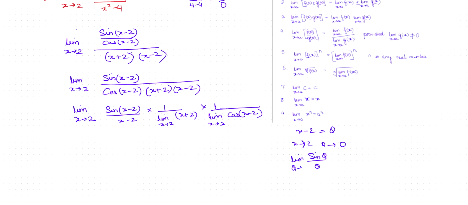This is the same as that if I put x minus 2 as theta, and this will give 1. So we'll put 1 here. Now in this case, we substitute x equal to 2, so it will give 1 by 4. And for cos, if we substitute x equal to 2, this will be cos of 0, and cos of 0 is 1. So we get 1. So our answer would be 1 by 4.